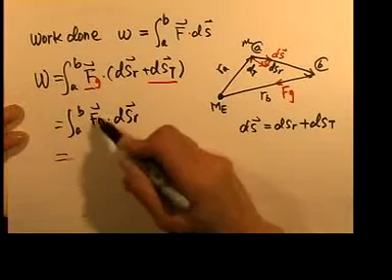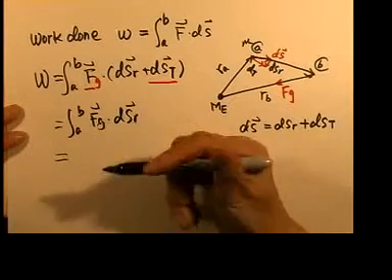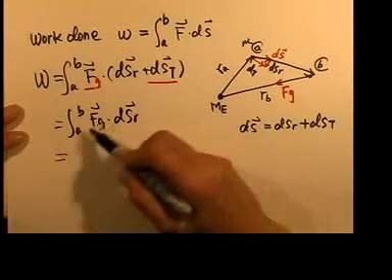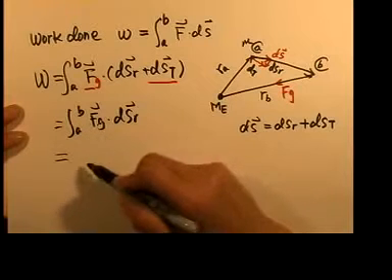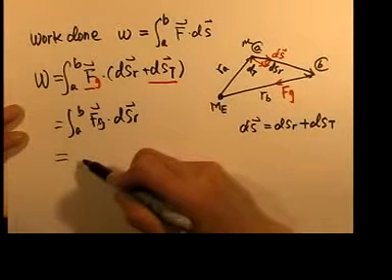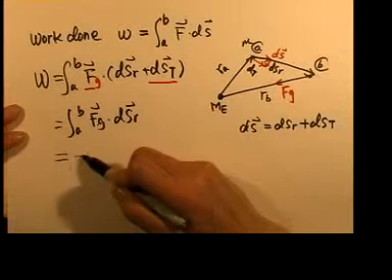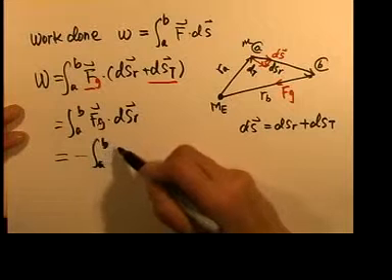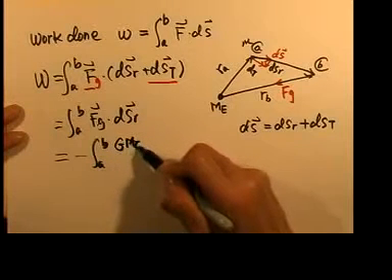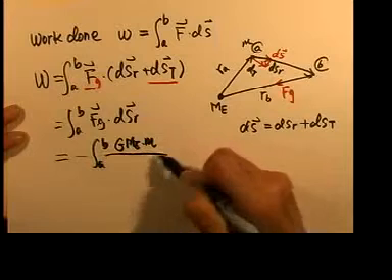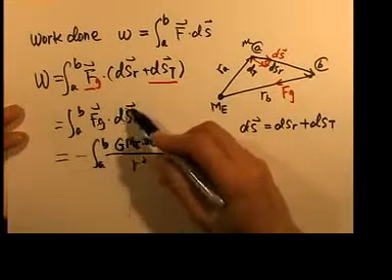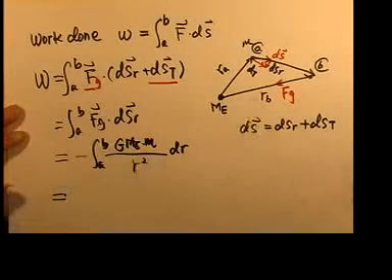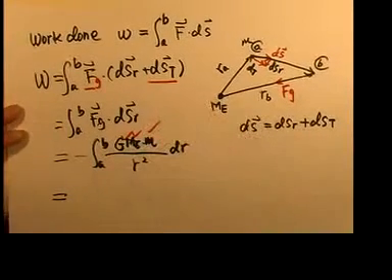Since the gravitational force is center seeking and ds of r is in the radius direction, the angle is 180 degrees. When they dot, it is a cosine, and AB cosine 180 gives a negative sign. So we have a negative, and we plug in the magnitude of the gravitational force, which is G times the mass of the Earth and the mass of the point, divided by the separation squared, and since this is the radius direction, that is simply dr.